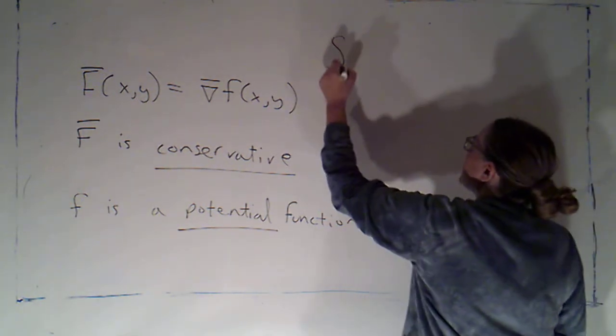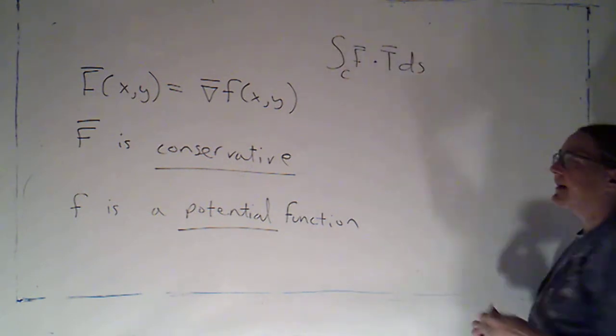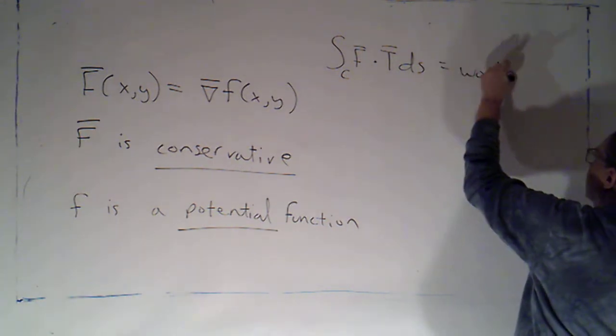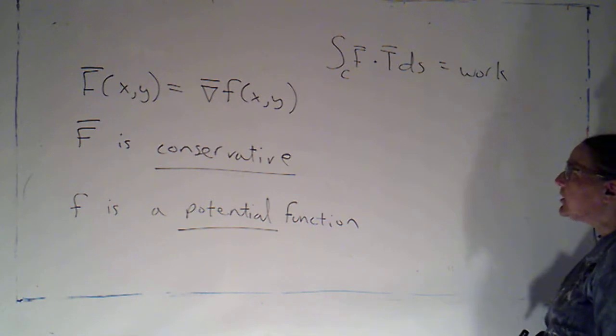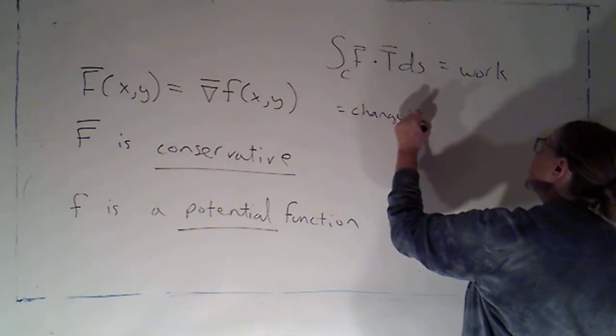And especially because I know that if F is a force field, and I take the line integral of F along C, that's going to give me work. Okay. And work can be defined as a change in kinetic energy.